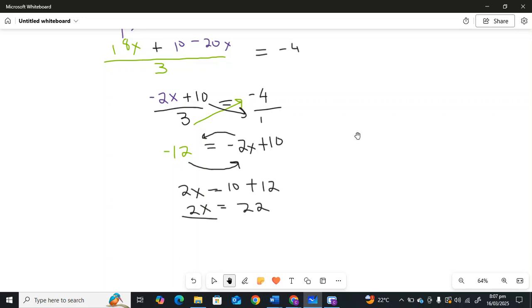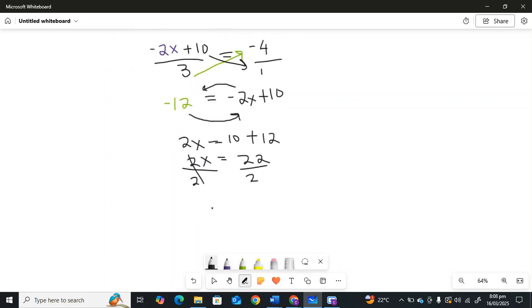So I want to find the value of x, so we divide both sides by 2. 22 divided by 2, x equals 11. Madam, did you also get x equals 11?